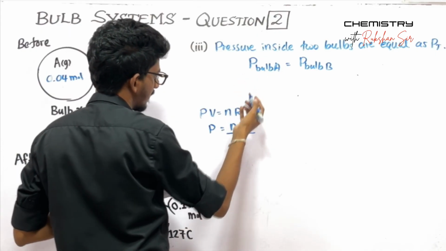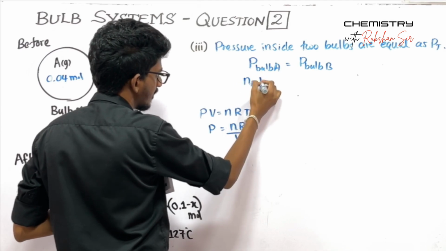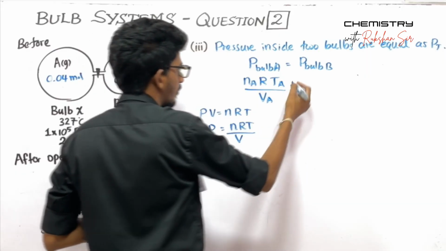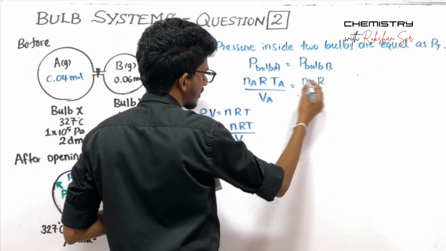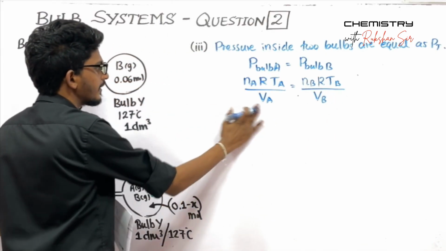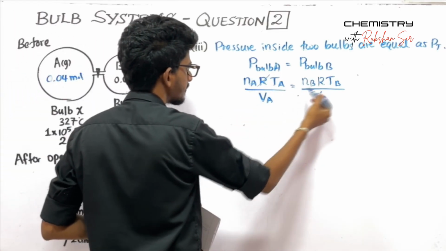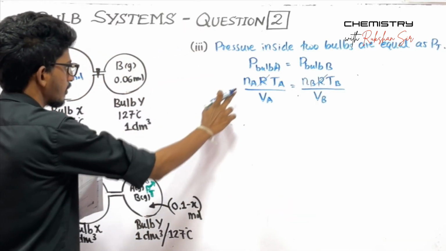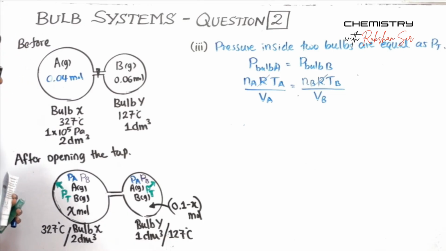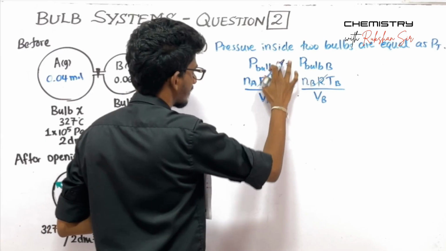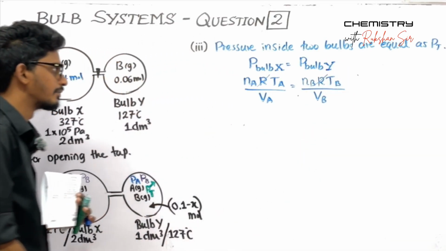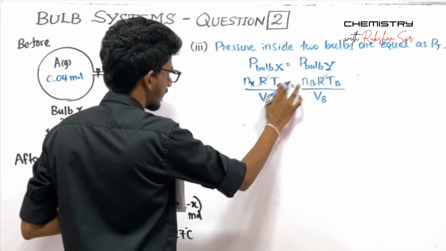The number of moles inside the bulb times R times the temperature of the bulb divided by its volume is equal to the number of moles at the other bulb times R times its temperature divided by its volume. So R will cancel off. Note that the two bulbs are X and Y, and the two gases are A and B. Label them properly.